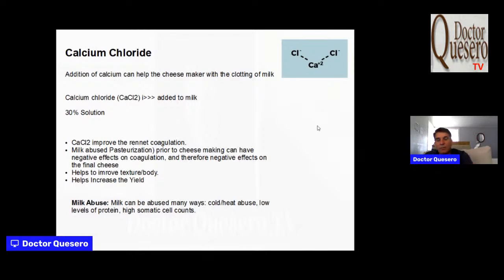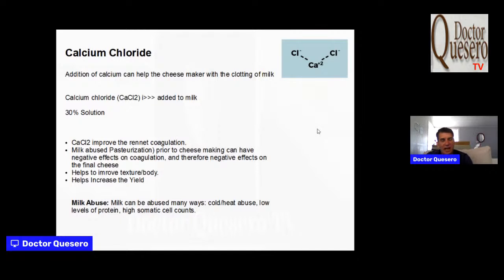So what do I mean by milk abuse? Is the milk that can be abused? The milk can be abused in many ways: by cold, by heat, low level of proteins. The milk is not very clean, and it has high somatic cell counts.